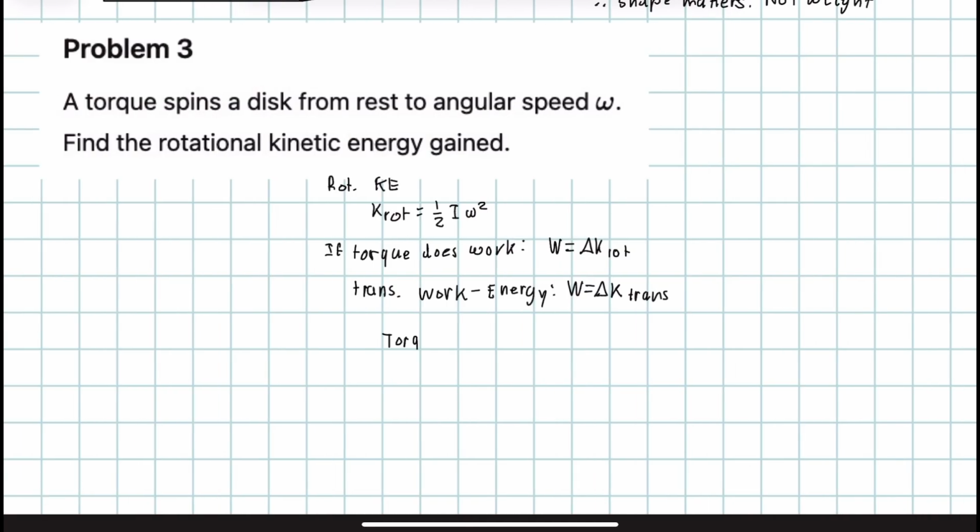We know that torque is basically the analog of force. So torque does work the same way force does, just rotationally. They have essentially the same function. And when something is analogous, they basically do the same thing, just in a different way of measuring.